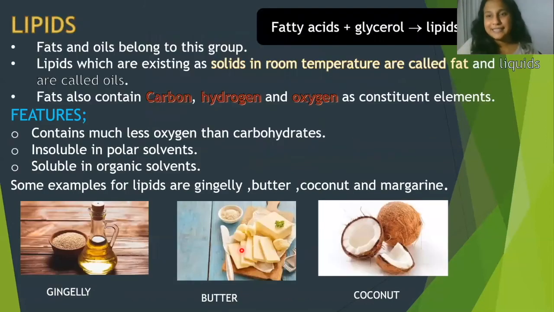So lipids. Fats and oils belong to this group, and the lipids which exist as solids at room temperature are called fats, and liquids are called oils. If you have seen any YouTube videos of cutting dead bodies, when they take off the skin, there's this yellow layer under our skin that is called fat.